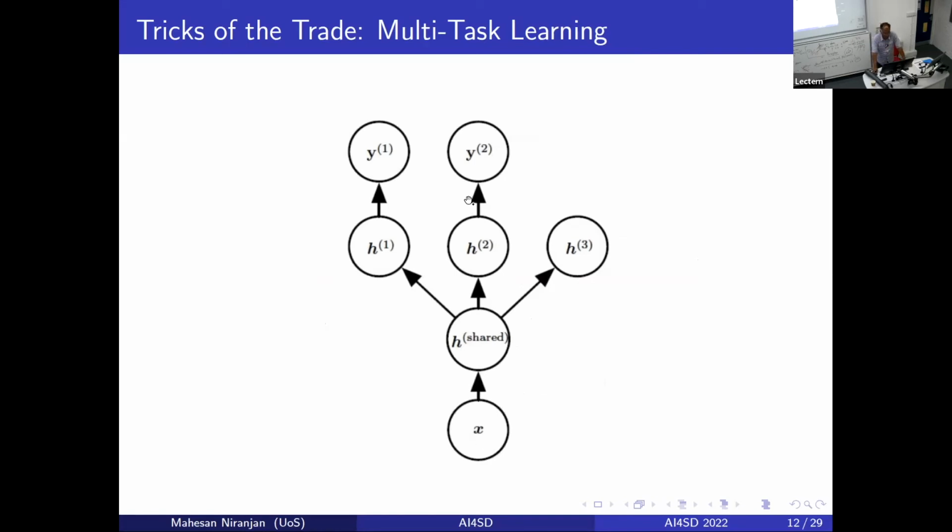You can construct a network or a model where the input goes here, and there is a hidden layer that's shared between the tasks, and then there are hidden layers that are specific to each task. So you're constraining the power of the model to learn things that are common between the tasks, some representations, and out of that comes the specialism that's needed. In a way, restricting the model from exploring all the space, you could see this as a way of regularizing.